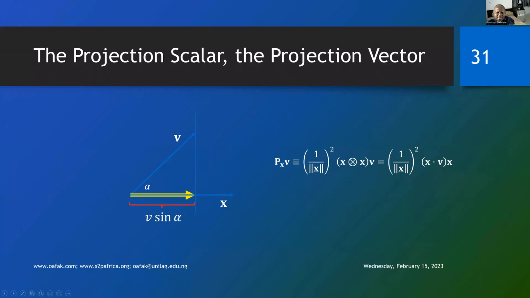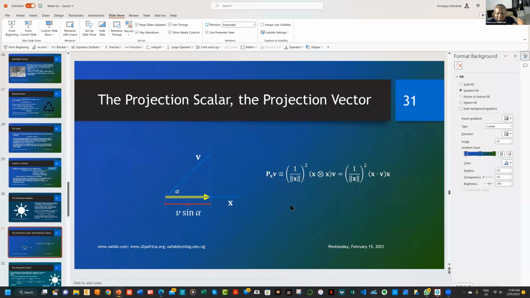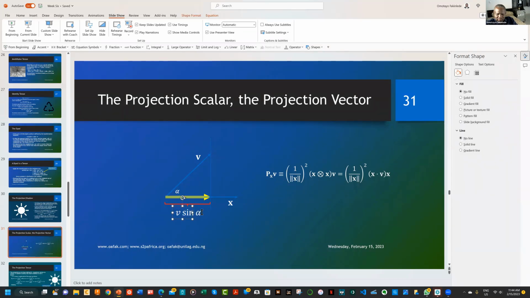If v sine alpha is this length, now, what is this quantity? I want to write what I think that quantity is.